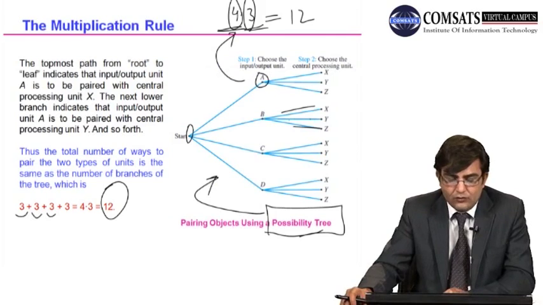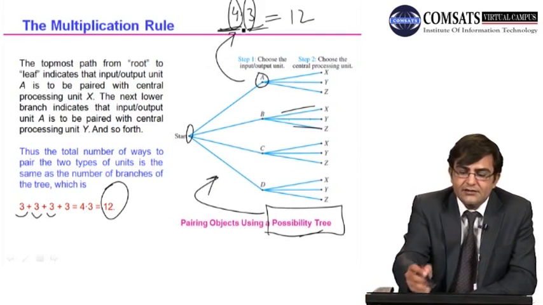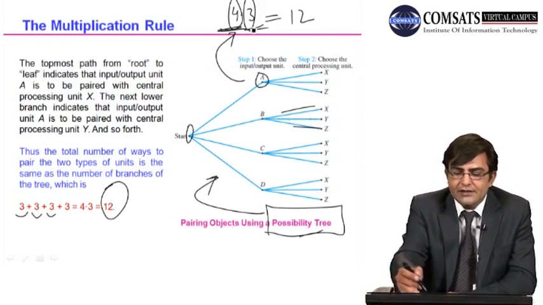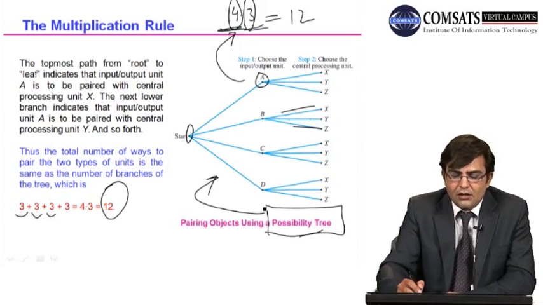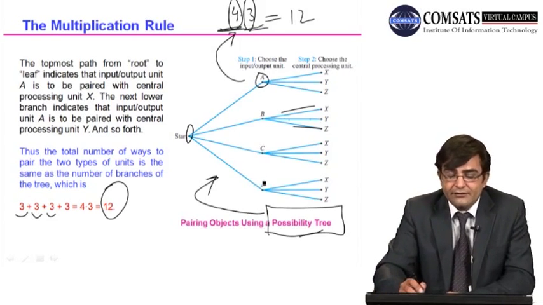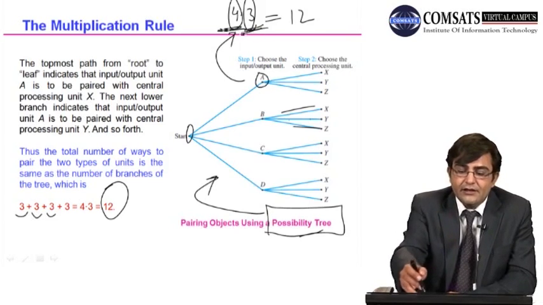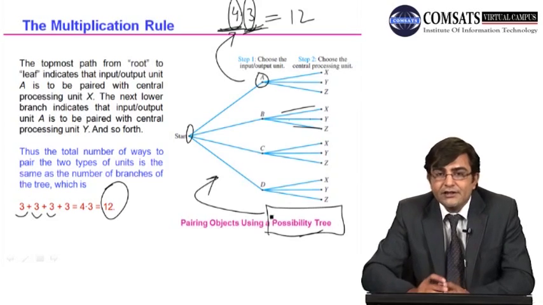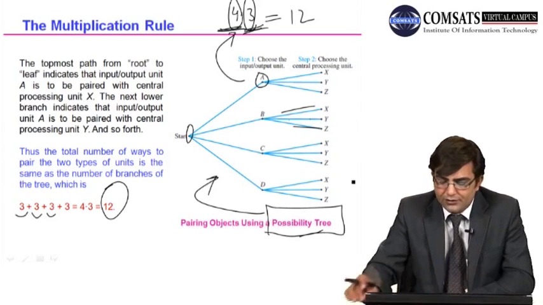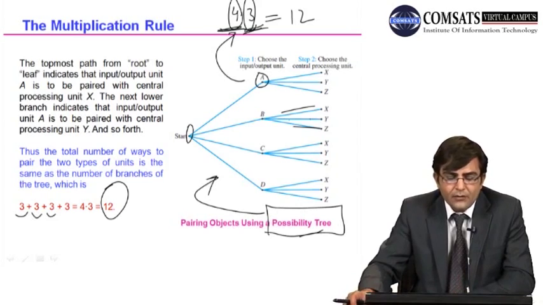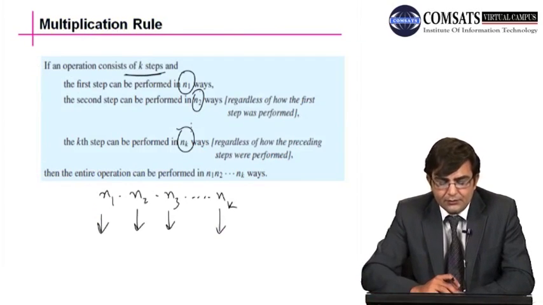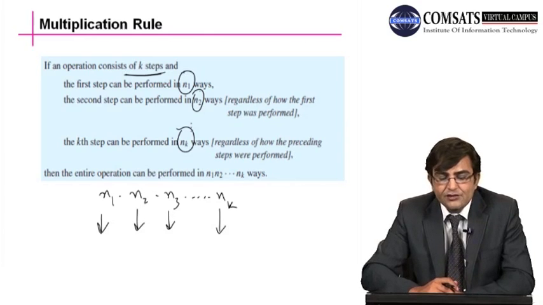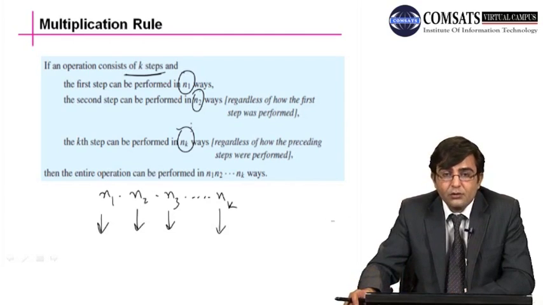In the first step we had 4 possibilities, in the second step we have 3 possibilities with respect to each possibility in the first step, so we can write 3 here, and then multiplying these possibilities we can obtain the total number of possibilities. So this is basically the multiplication rule, and it helps us to find all the possible ways to perform an operation or to solve a problem.